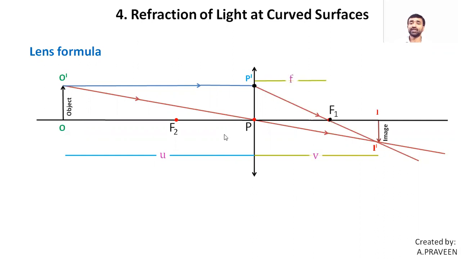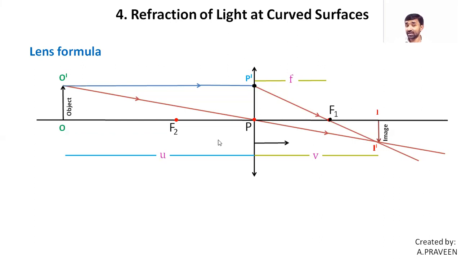So these are the parameters I know: U, V, F. Then I am trying to obtain a relation between U, V, F. That relation is called the lens formula.